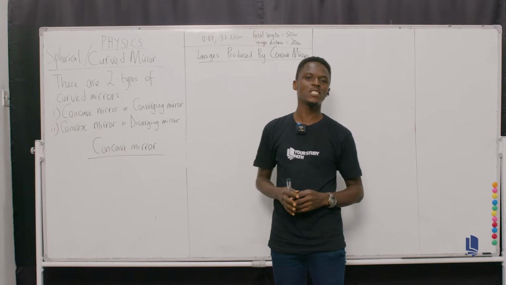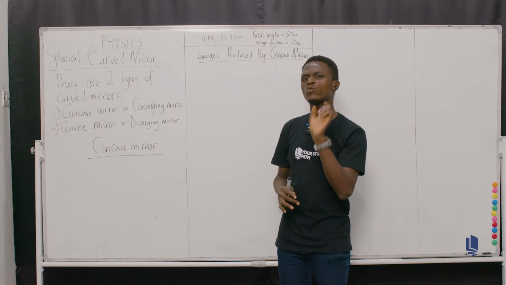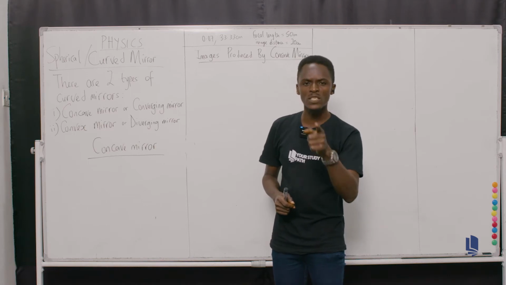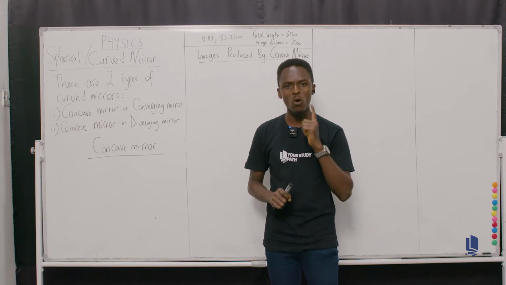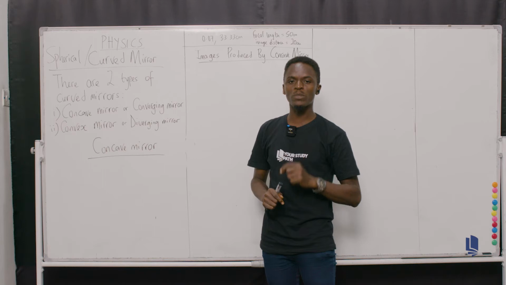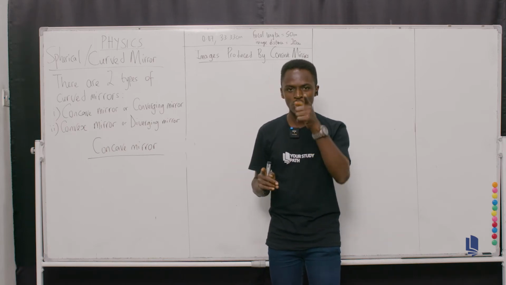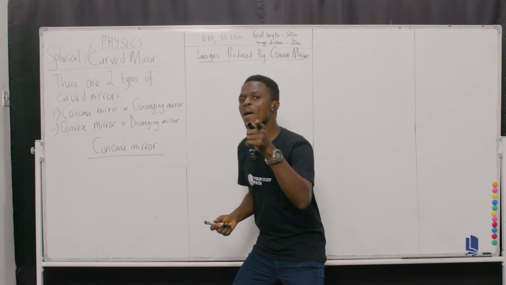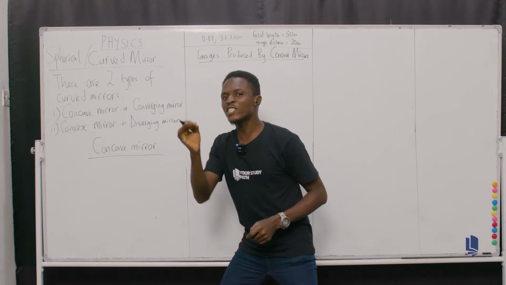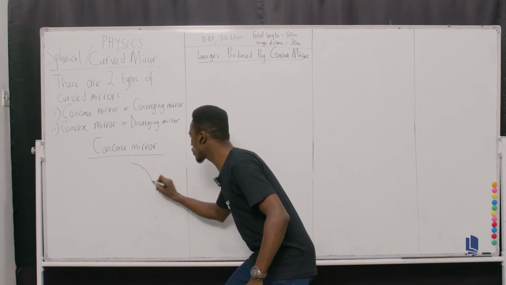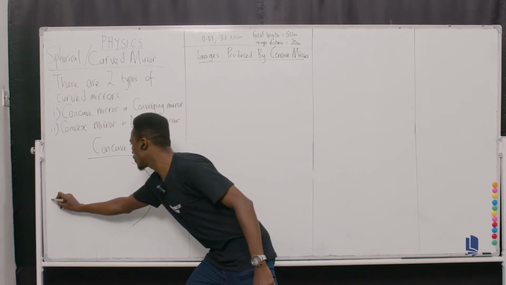But there's a summarized way of remembering these, such that even when you get to your first year in the university or in the polytechnic, this principle would apply flawlessly, without wahala. To remember exactly which position these images are formed, I start by giving us our concave mirror.